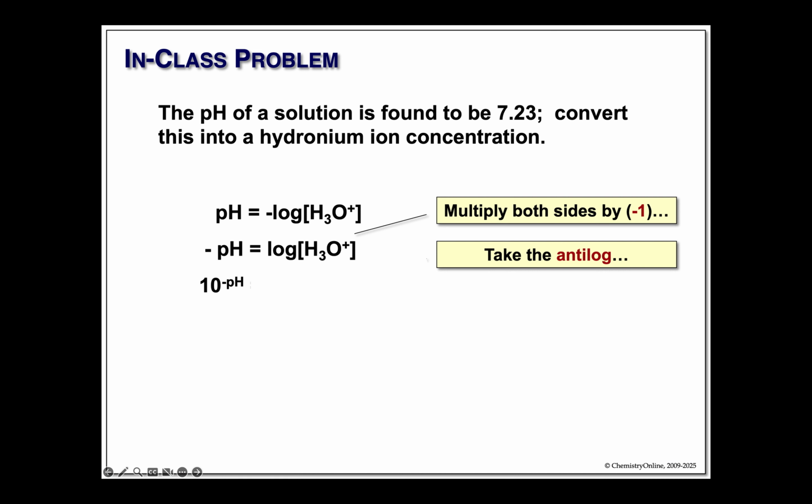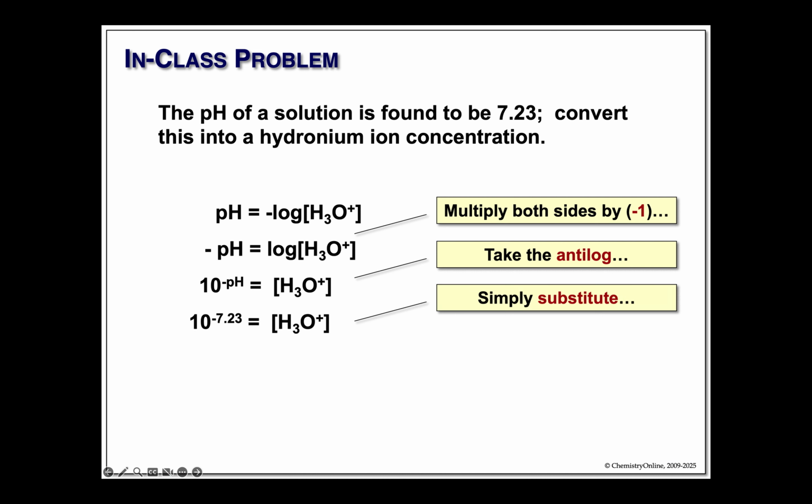The antilog of a log is simply the number. And we get our first very important equation: 10 to the minus pH is hydronium. So let's substitute. Our pH is 7.23. 10 to the minus 7.23 is hydronium.